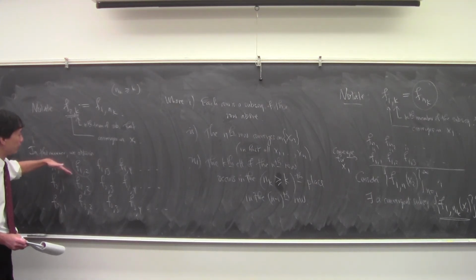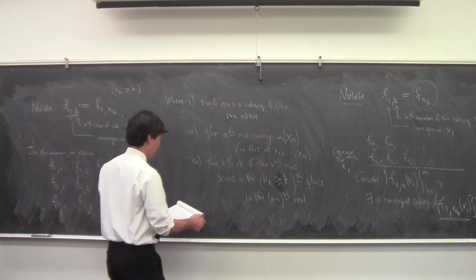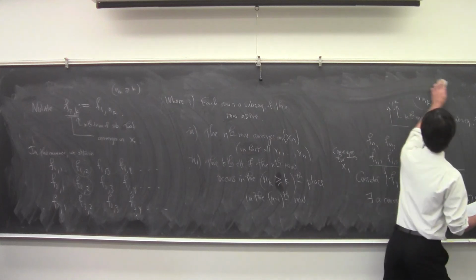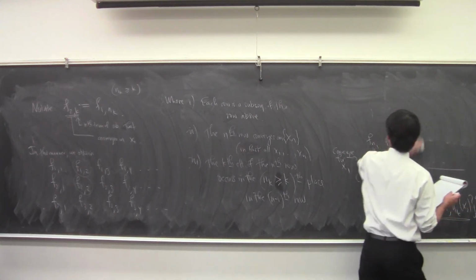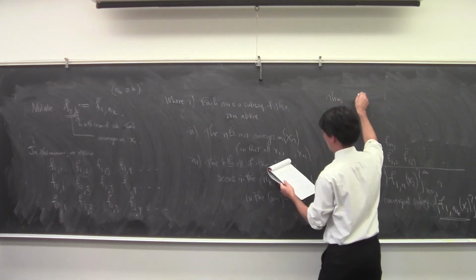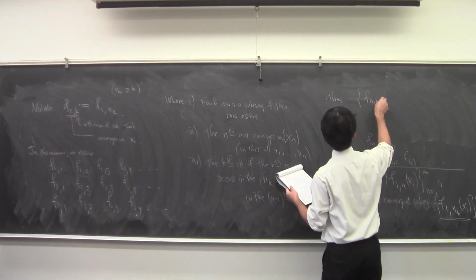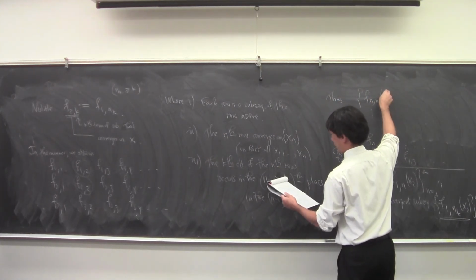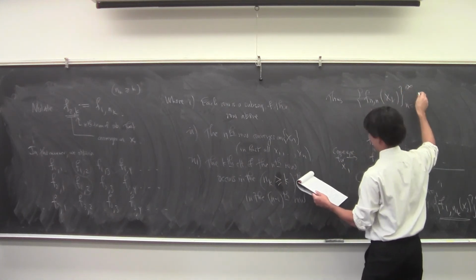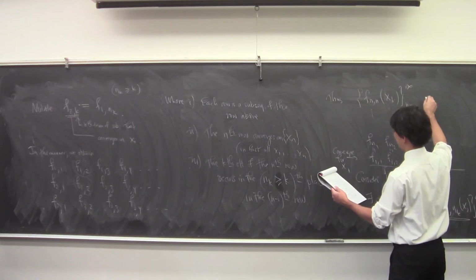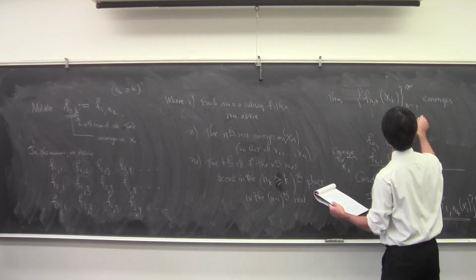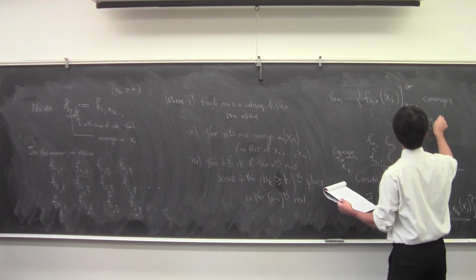So the result is that, thus, if we go down the diagonal, f_n x sub k with n equals 1 to infinity, this thing converges for every point x sub k.